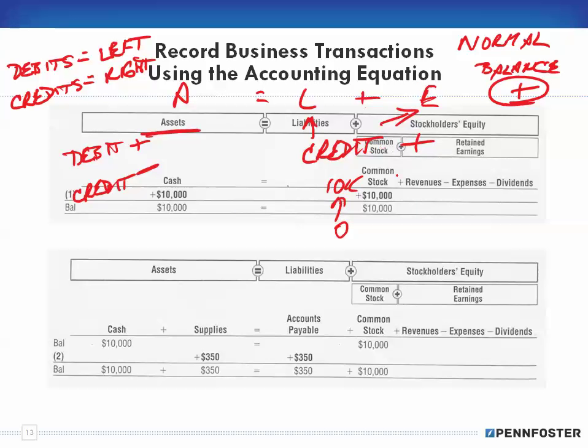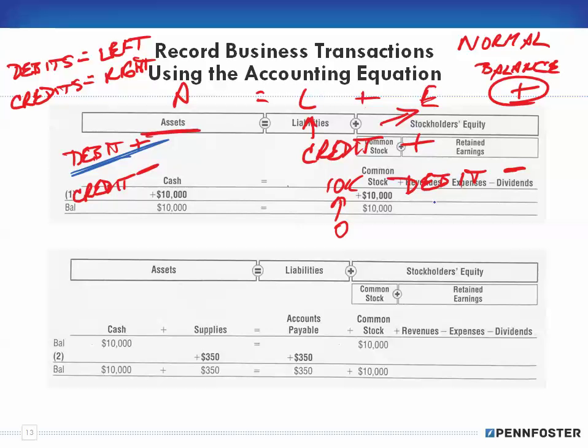But now, if we increase the liability and equity by crediting it, well then debiting must be a decrease, right? Because if I credit on an increase, I debit on a decrease, just the opposite. Now here's the rub. This is why debits cannot be just termed a plus or an increase, and credits can't be termed a minus or a decrease, for the simple reason, when I look at assets, my debits increase.